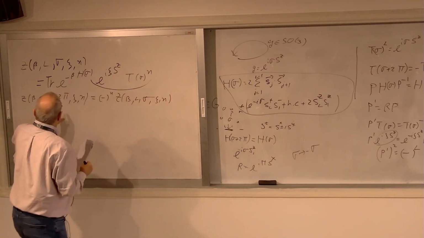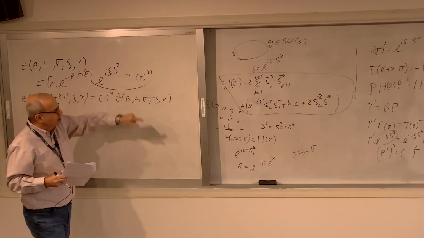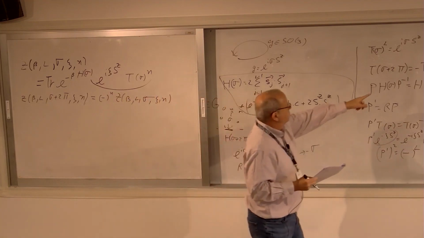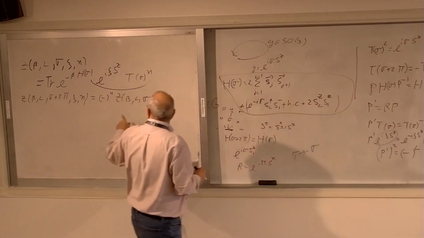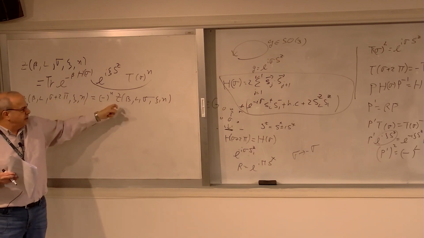Where did this come from? When sigma goes to sigma plus 2 pi, nothing here changes except this guy. And that guy picks a minus sign from here, so we get minus 1 to the n. So naively, sigma and sigma plus 2 pi should be the same, right? This is a background gauge field in the space direction. It should be the same, but it's not the same when n is non-trivial.